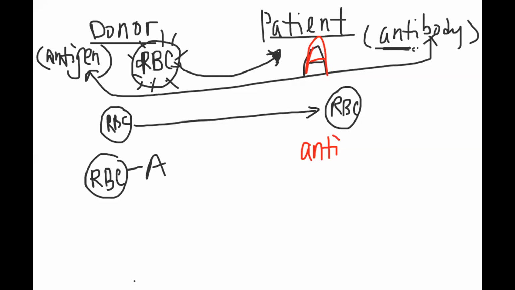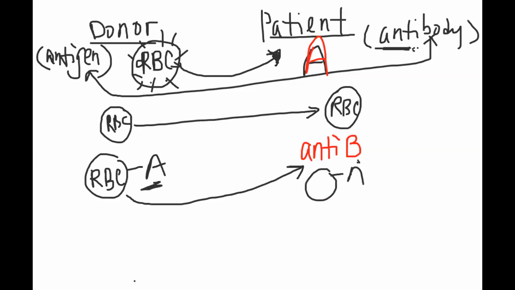So it has to have anti-B antibody in the plasma. So if the donor has type A blood, then this RBC gets into the patient's blood. This antibody right here cannot react with RBC with antigen A on the surface. So this will work.